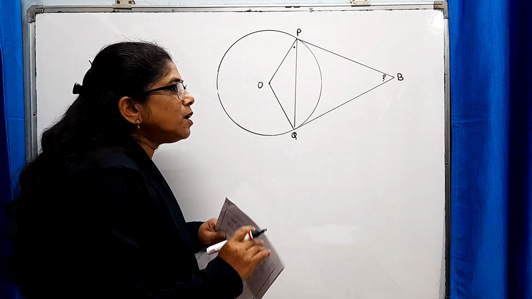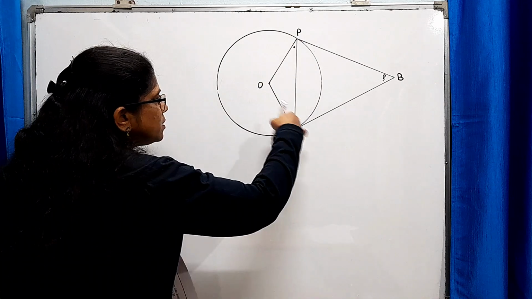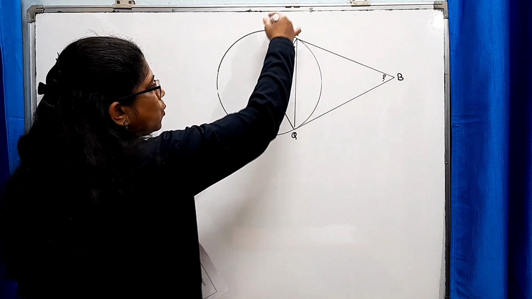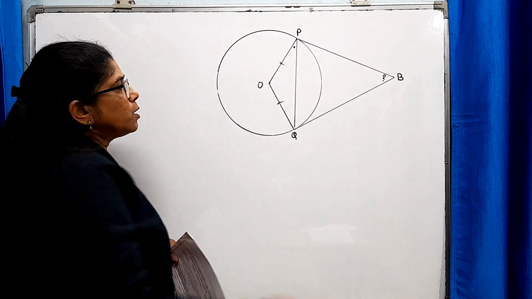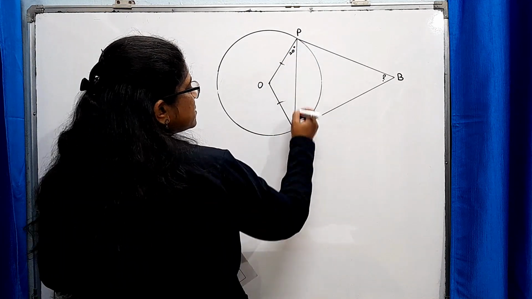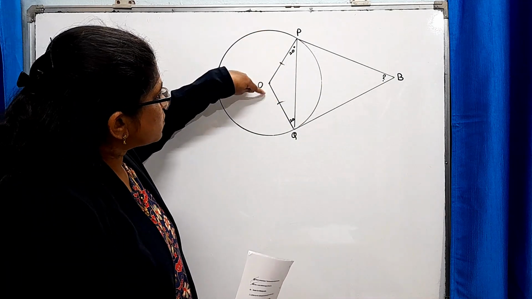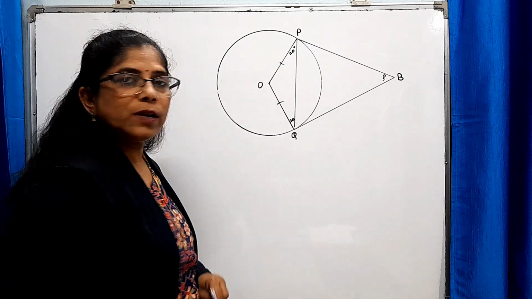Now here I will explain this sum in short. In this triangle OPQ, OP is equal to OQ. So if this angle is 20 degrees, this is also 20 degrees because angles opposite to the equal sides are equal. Now we have two angles of this one triangle.